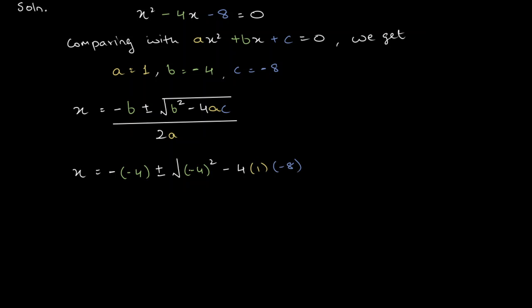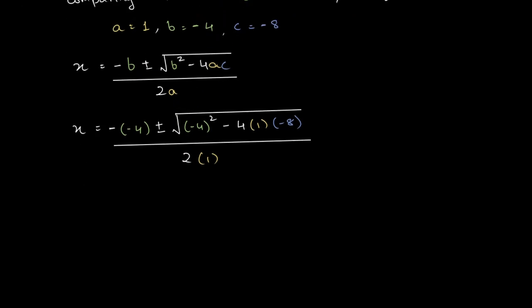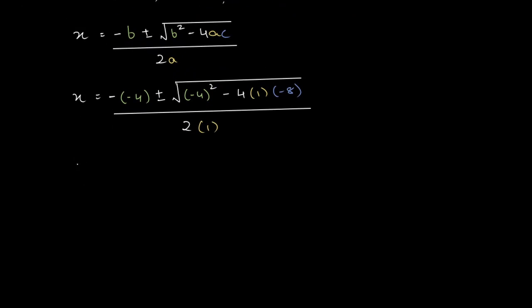And the entire thing obviously divided by 2a, so 2 into a is 1, right? So we've substituted all the values of a, b and c.